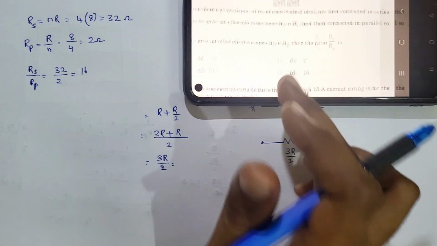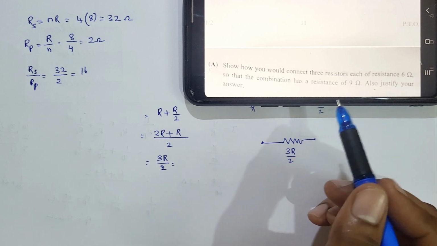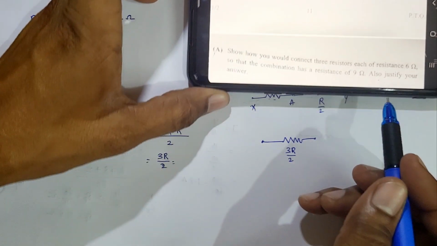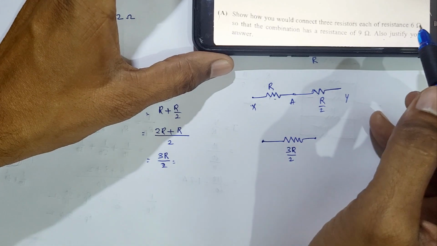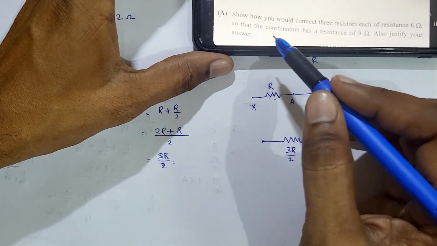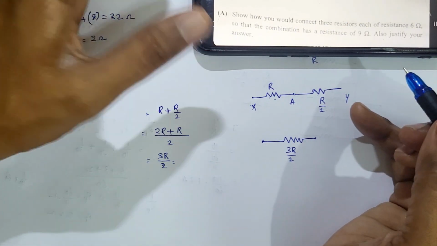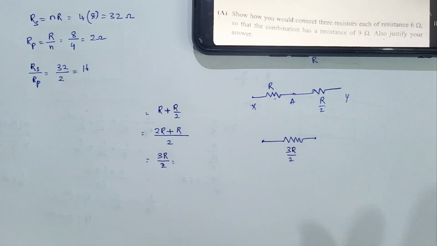Okay. Let us go to the next question. Now see here. How would you connect three resistances, each of 6 ohm, so that the combination has a resistance of 9 ohm? How will you connect? Three resistors are there. Each resistance value is 6 ohm and the combination should have a resistance of 9 ohm. This type of question they also ask 2-3 times in the board examination.